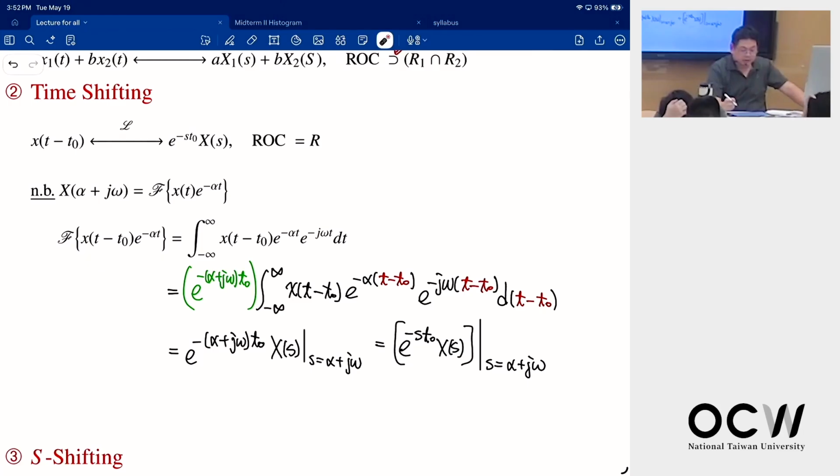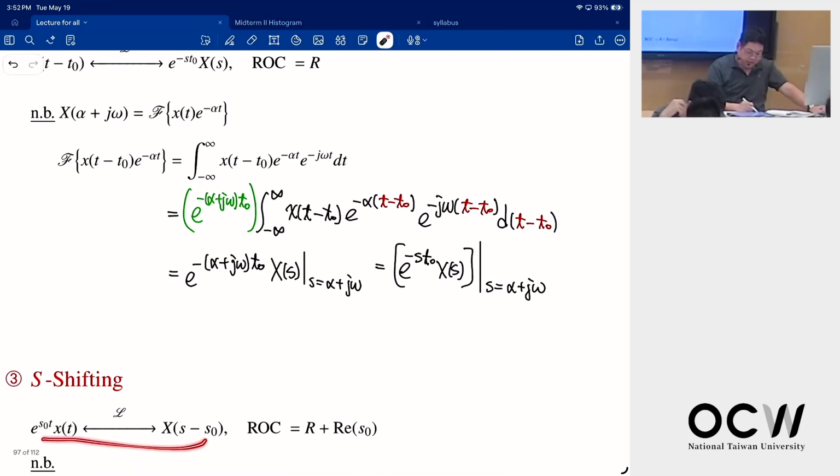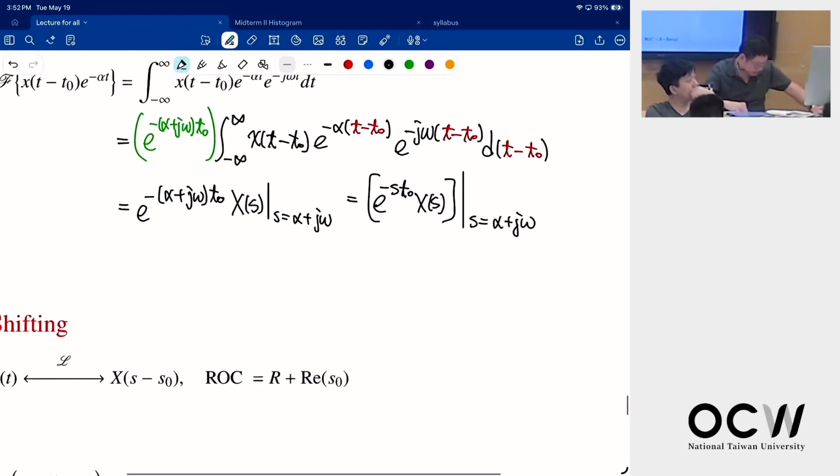Similarly, we can also shift in the S domain. If I shift in the S domain, for the Fourier transform it's like doing the modulation, right? Here, similarly, if I shift by S naught, that means in the time domain I multiply by e to the S naught t. And then the region of convergence is the original one plus the shift.